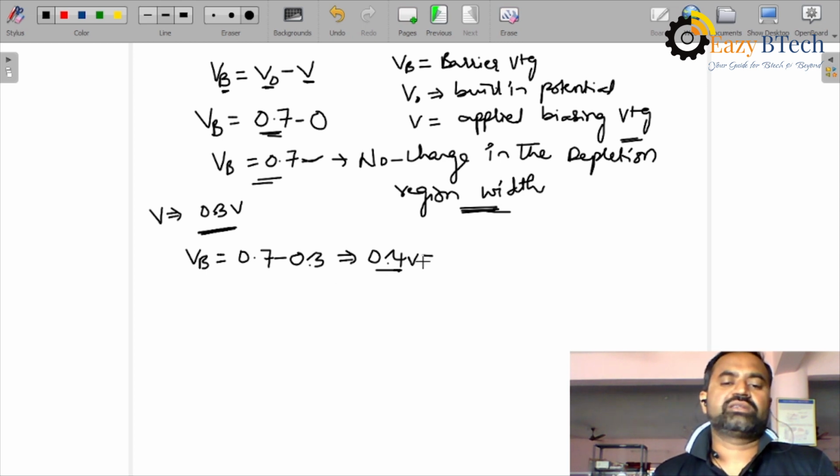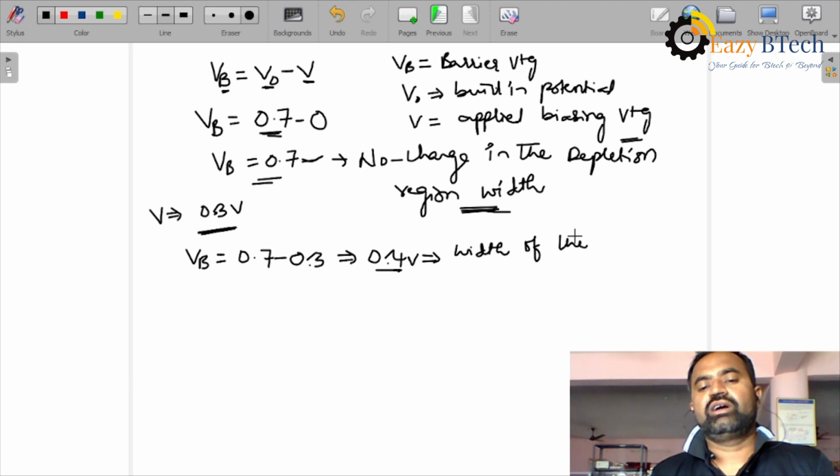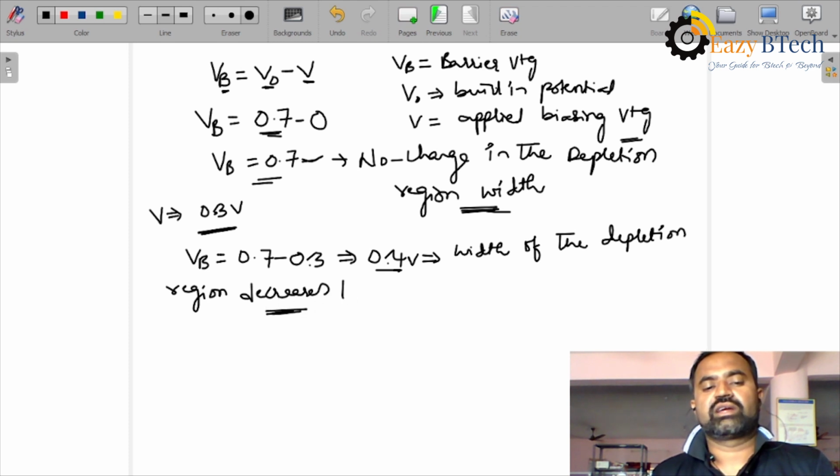Now what happens? Barrier voltage decreases. It means width of the depletion region decreases.